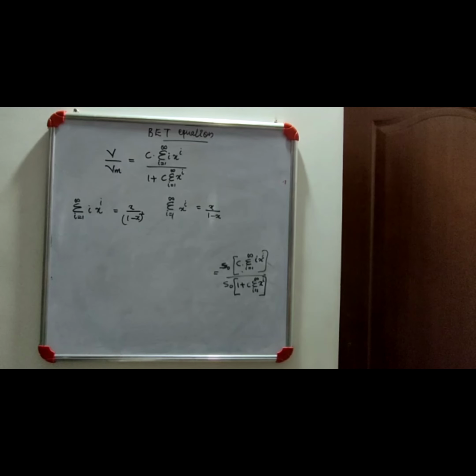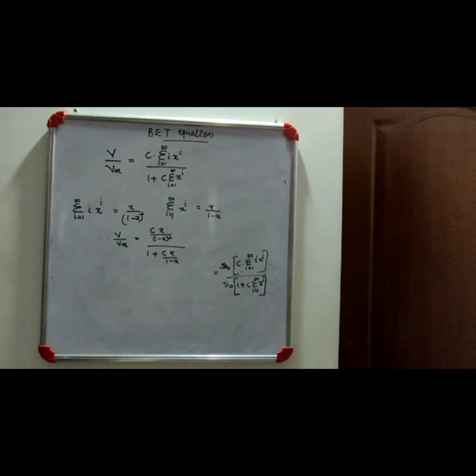In maths, we can write sigma i equal to 1 to infinity i into X raised to i as X by 1 minus X whole square. And sigma i equal to 1 to infinity X raised to i can be written as X by 1 minus X.